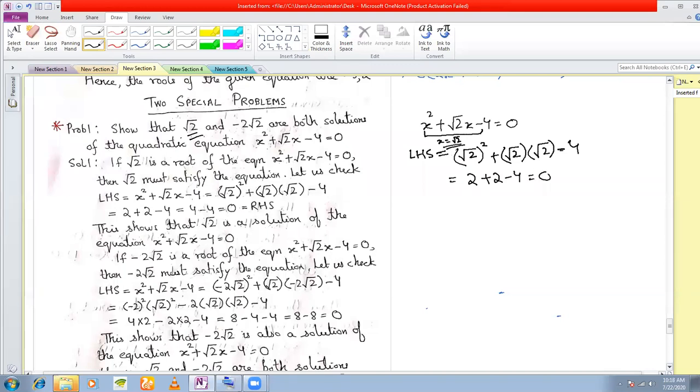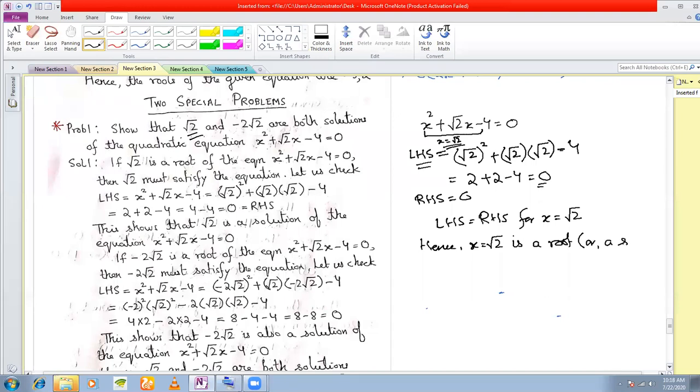See, when I put x equal to root 2, I'm getting the left hand side equal to 0, and my right hand side is also 0. Since left hand side is equal to RHS for x equal to root 2, hence x equal to root 2 is a root, or a solution, one of the two solutions of the given equation x square plus root 2x minus 4.